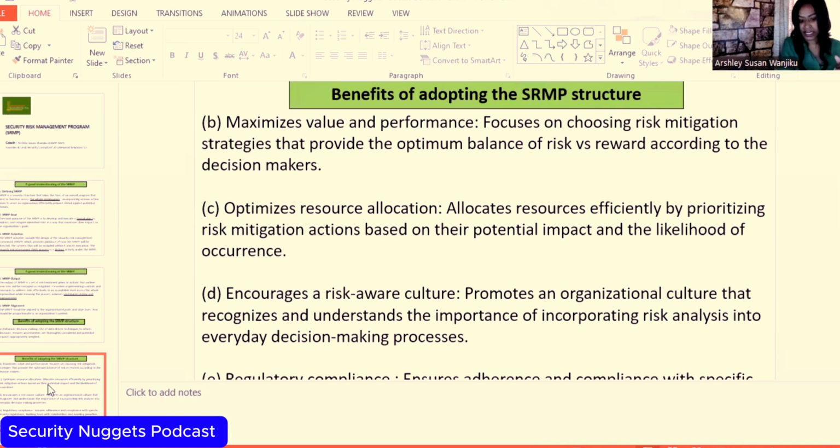The other benefit is that it encourages a risk-aware culture, all right? It promotes an organizational culture that recognizes and understands the importance of incorporating risk analysis into everyday decision-making and processes. Because the security risk management program is very integral, which means that it integrates all the critical business functions within an organization.